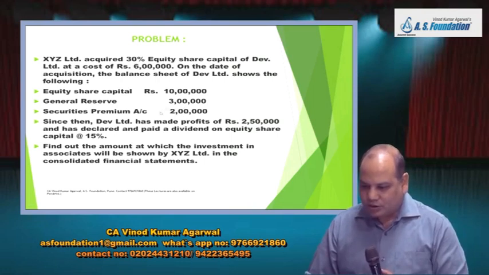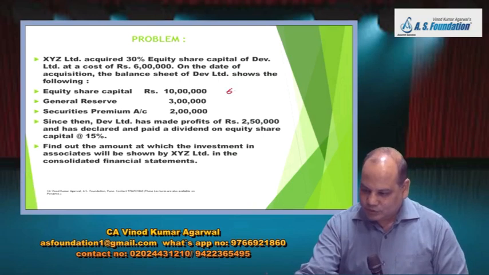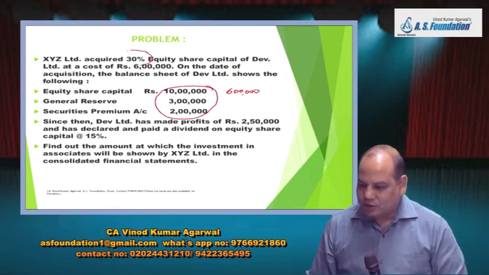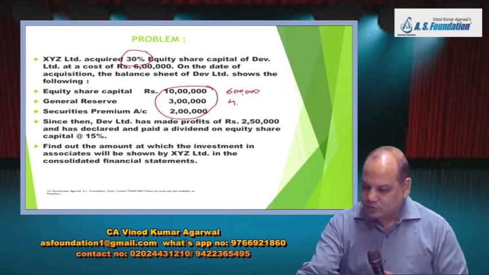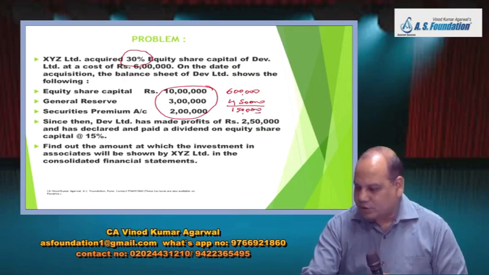What is the share in net asset? 6 lakh is the cost. 15 lakh into 30%. Just check whether there is goodwill or gain on bargain purchase. This is coming to 4,50,000. Only you should confirm whether it is goodwill or gain on bargain purchase.